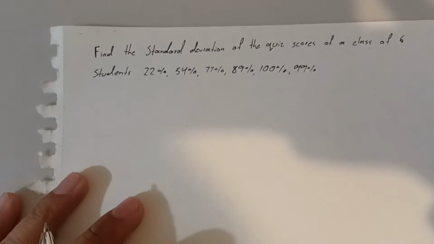In this case, since we're looking at the population of the class, which is 6 students, we are going to use the population standard deviation formula, not the sample standard deviation formula.